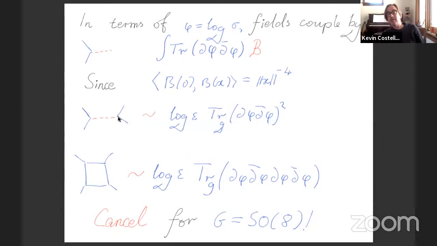So I'm integrating in 4 dimensions, 1 over r to the 4th, that has a logarithmic divergence of the same kind, but now I take del phi, del bar phi squared. Well, the original divergence I found had trace of del phi, del bar phi, del phi, del bar phi. And these have a chance to cancel as long as some Lie algebraic identity holds, which is the same one we found earlier that holds for SO8.